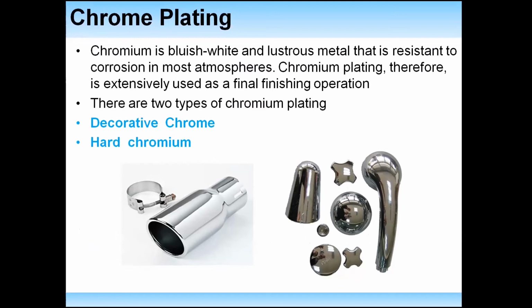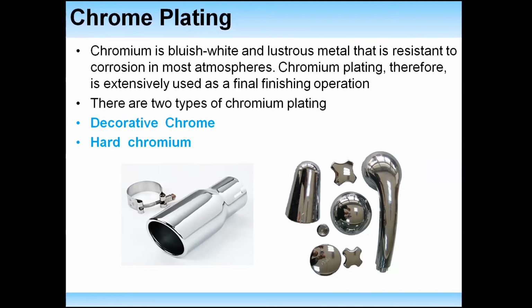Now chromium is a bluish white and lustrous metal that is resistant to corrosion in most atmospheres. Chromium plating therefore is extensively used as a final finishing operation. There are two types of chromium plating. One is decorative chrome, another one is hard chrome.